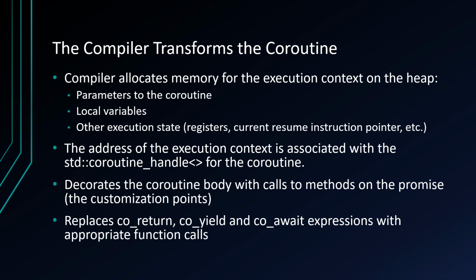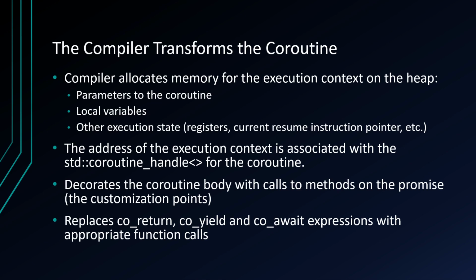It's going to take the coroutine function body, and it's going to insert various function calls in there that are going to implement the suspend points, and those function calls are essentially going to be calls to methods on the promise type. So that's how you can customize the execution of the coroutine, because basically the code that you supply is going to be glued in there. They're typically all implemented as inline methods on the promise type.